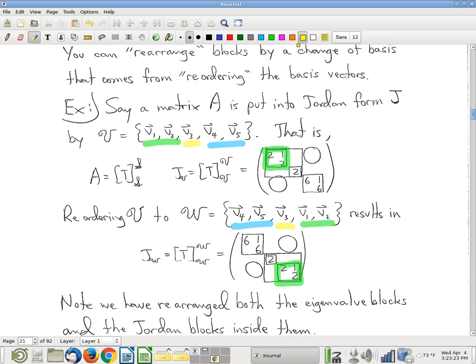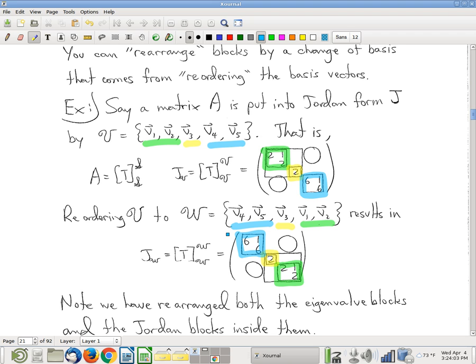And then likewise, the third basis vector corresponds to third row, third column, namely that block, and it stays in the third position. Likewise, v4 and v5, fourth and fifth row, fourth and fifth column, that block moves to the first and second position, namely that position. So, as it happens, this particular reordering of the basis vectors gave rise to a corresponding rearrangement of the Jordan blocks. Interesting how that worked out.